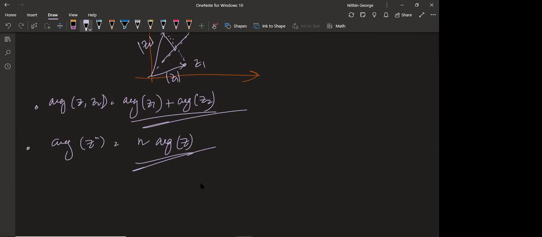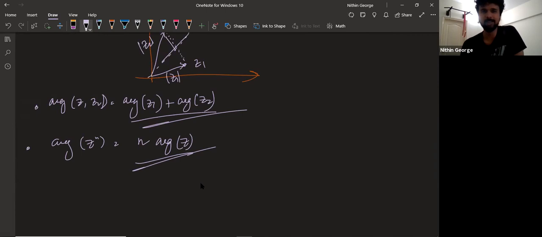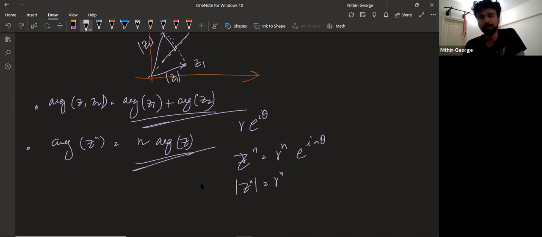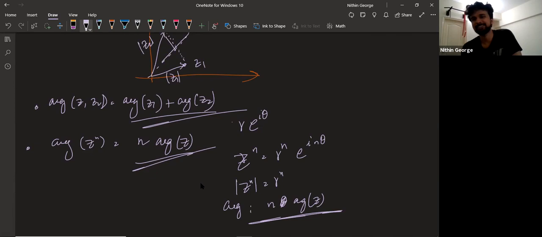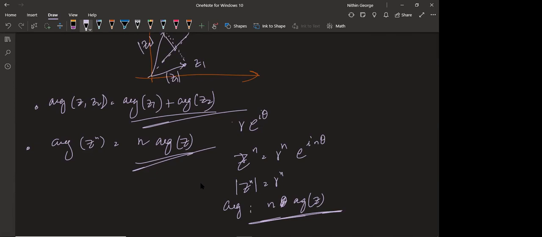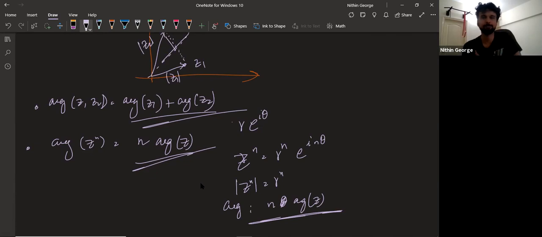Yes, absolutely. We are dealing with exponential things, right? Exponents here, e power i theta, that's the idea. So if Z was R into e power i theta, Z power n will be R power n into e power i n theta. So here, the magnitude of Z power n is R power n, and the argument is n into theta. And theta is the argument of Z, right? Yes, sir. Thank you for noticing. It's exponential, correct?